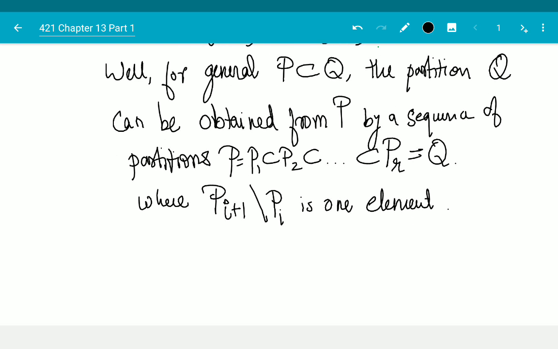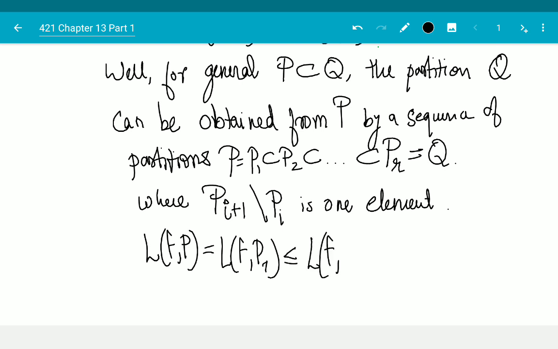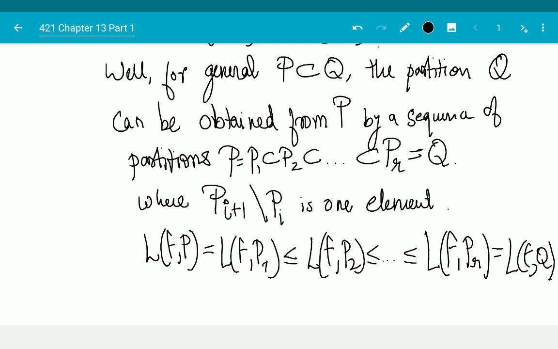And then I would get that L(f,P), which is equal to L(f,P1), is smaller than or equal to L(f,P2), is smaller than or equal to L(f,Pr), which is equal to L(f,Q).